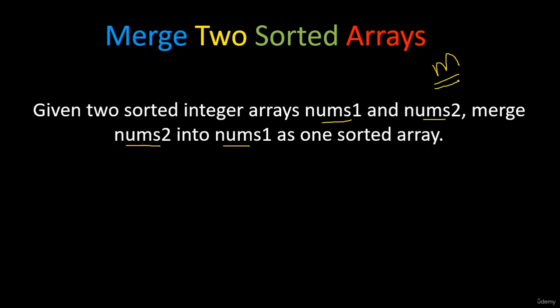The first m number of elements in this array is initialized and the rest we have some placeholder. So we can merge this array into this array because we have enough space in this array. So we have in this array m number of elements from starting index to the index m-1, and for the rest of the elements we have some placeholder.